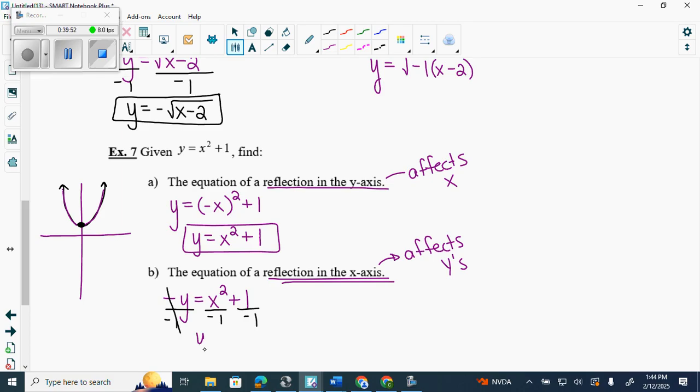So we get y equals -x squared minus 1. And then that'll get you a concave down parabola, starting at -1. So it'll look like this, which is a reflection in the x-axis, right? So once you get your equation, if it doesn't have an f in it, you can plug it in your calculator to see if it works.